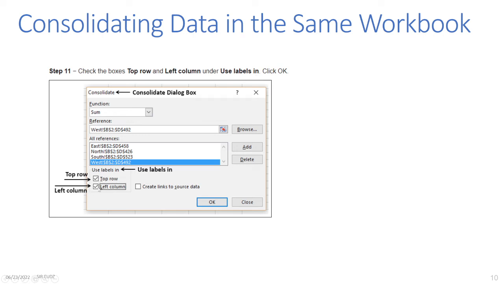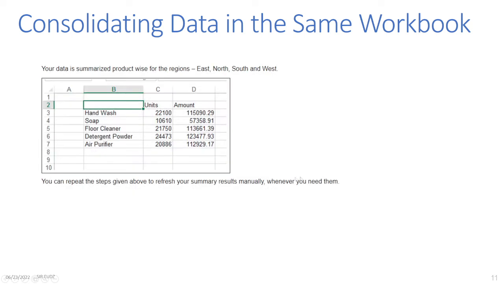So top row and left column. So under the use labels in, then we click OK. So your data is summarized product-wise for the regions East, North, South, and West. So we have here the products and we have here the summary, the consolidated data. You can repeat the steps given above to refresh your summary results manually whenever you need them.